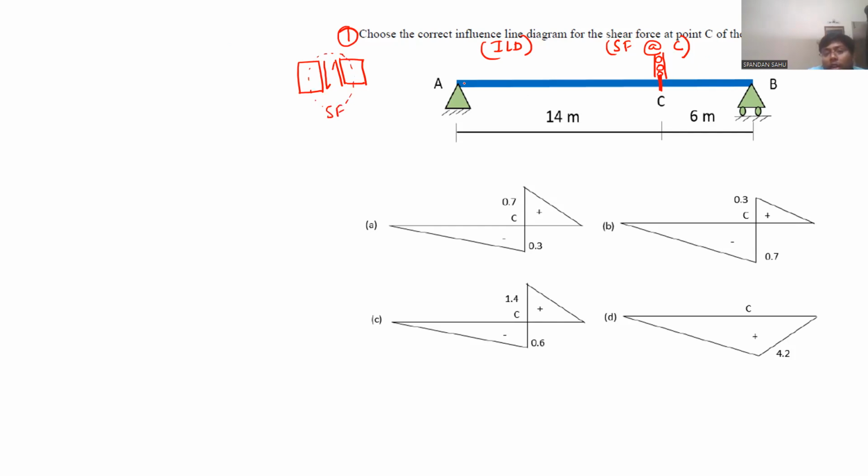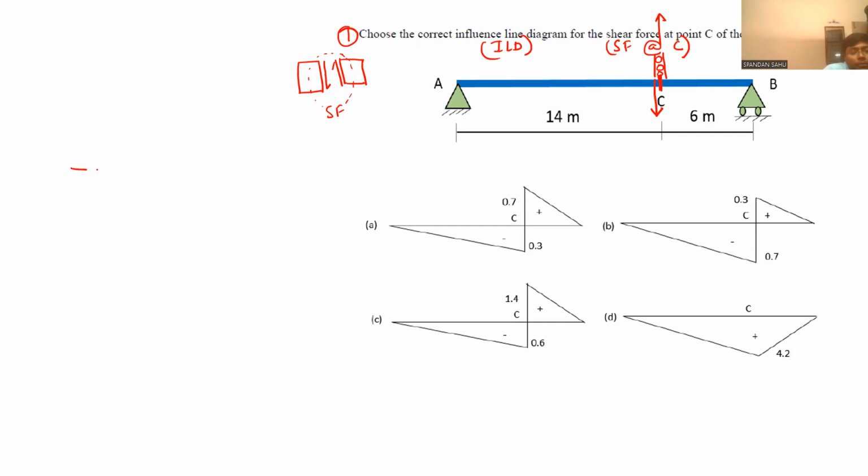So we have to put the left part downward. So this left you pull down and this right pull it up, such that this total lift should be unit.